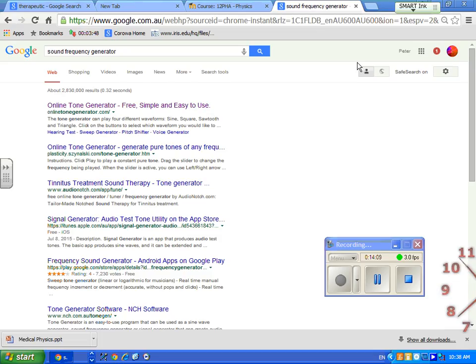Okay? So anything above the human limit is called ultrasound. That's what it is. But there is a definition of ultrasound.